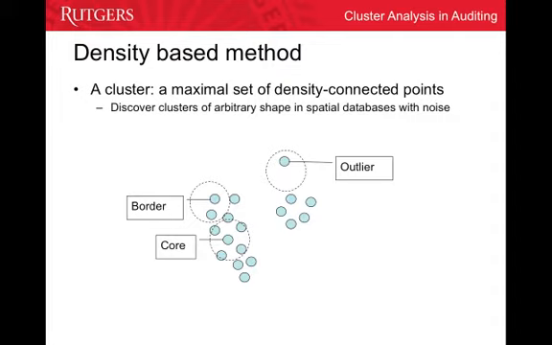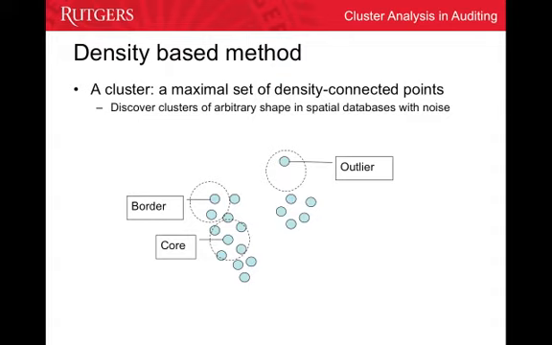A point is a core point if there are enough points in its neighborhood, that is, if the number of points within a given neighborhood around the point exceeds a certain threshold. This threshold is a parameter defined by the users. If two core points belong to each other's neighborhood, then they belong to the same cluster.